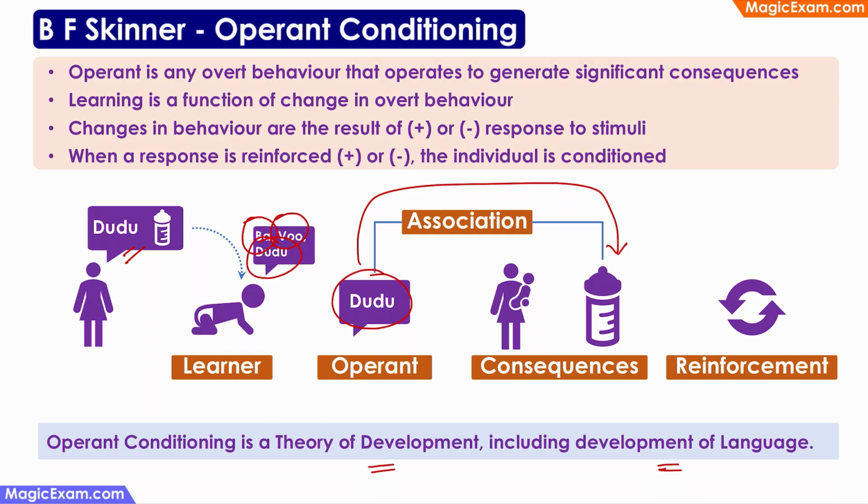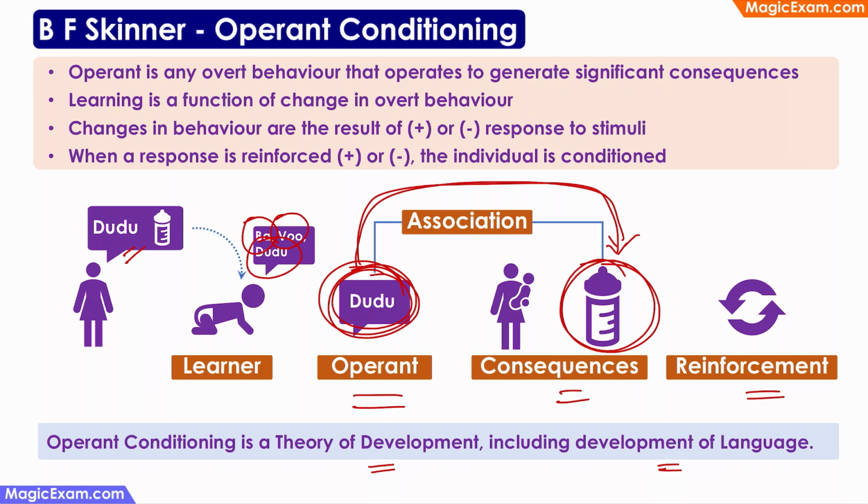The child starts associating that maybe this word duddu and the action of saying this word duddu means a bottle of milk. So the operant here is the word duddu and the action of saying duddu, and the consequence is that he gets a bottle of milk. So if this gets repeated multiple times, then that is reinforcement. So that's how the child starts to learn that this word duddu is associated with milk.